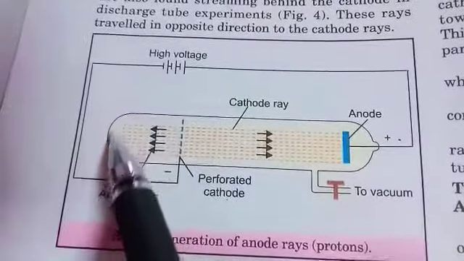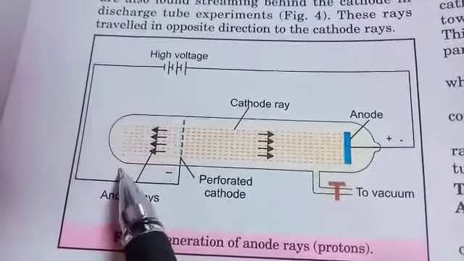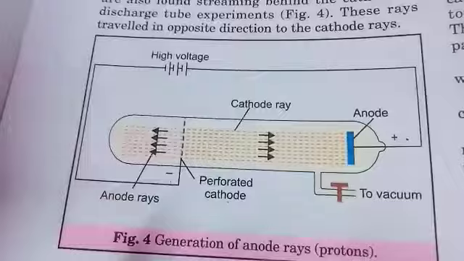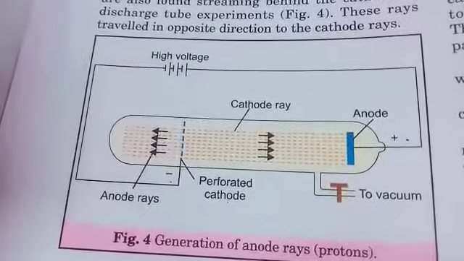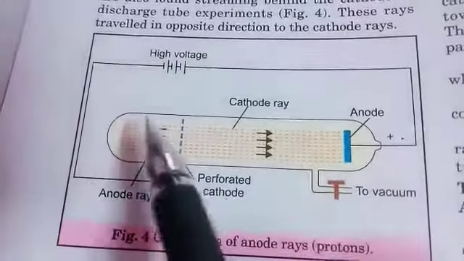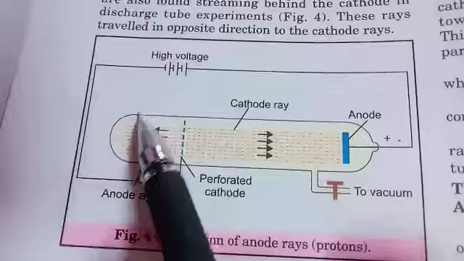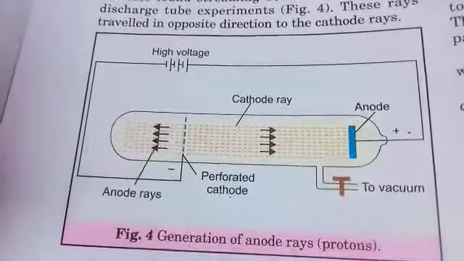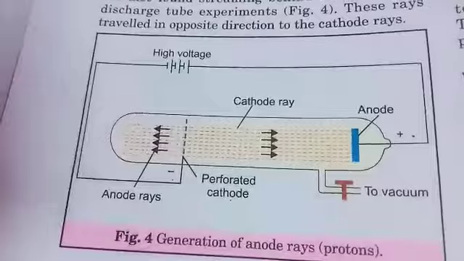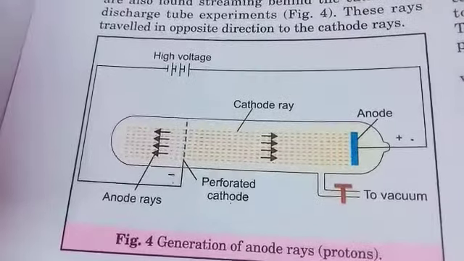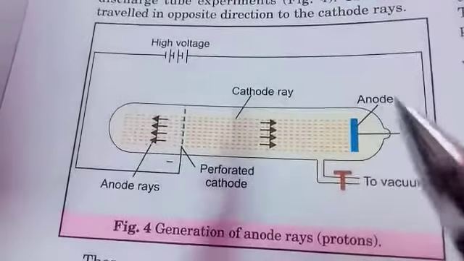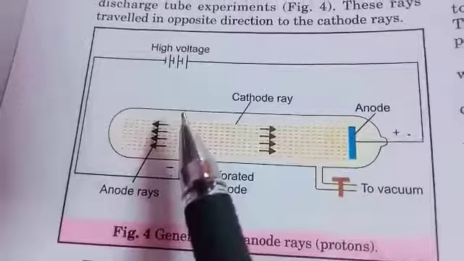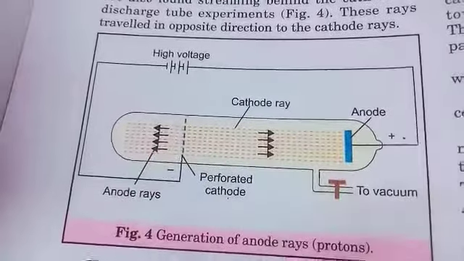This wall is made up of ZnS, zinc sulfide. When you pass electricity, the observation was that this time this side wall started glowing. Now the question arises why. It shows that some particles arise from the anode also. Electrons are moving from cathode to anode, that was already discovered.